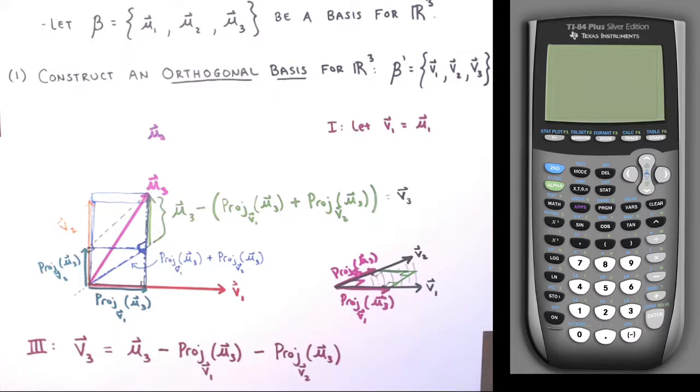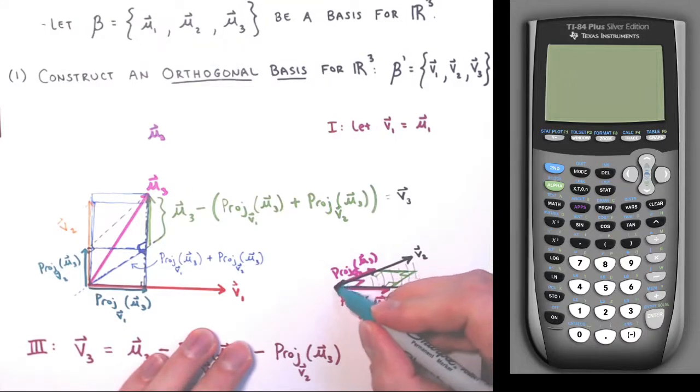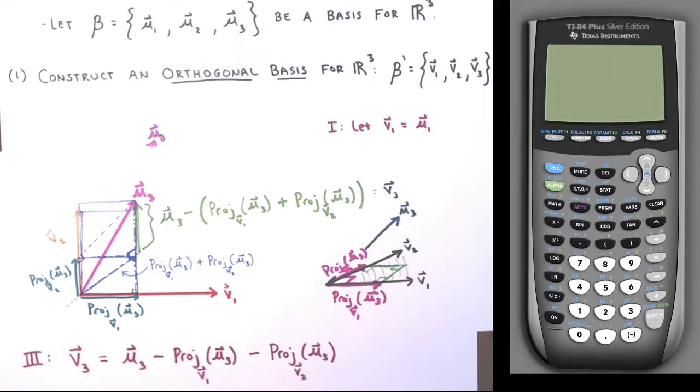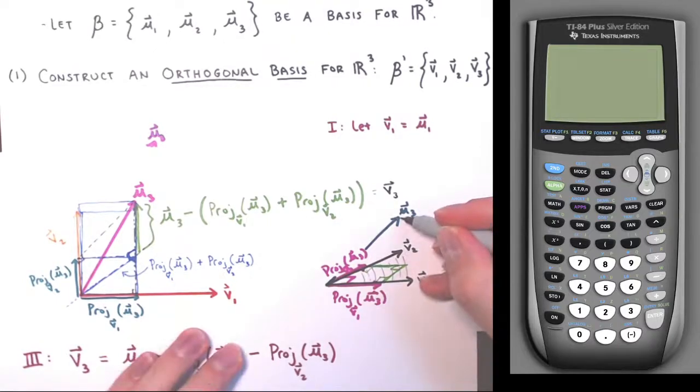If I draw u3 in, so you see, this is why I usually don't like doing three-dimensional drawings. So let's say this is u3. All right, this is u3. And if you set it up right, the tip of u3 should be directly above that corner of the rectangle down here.